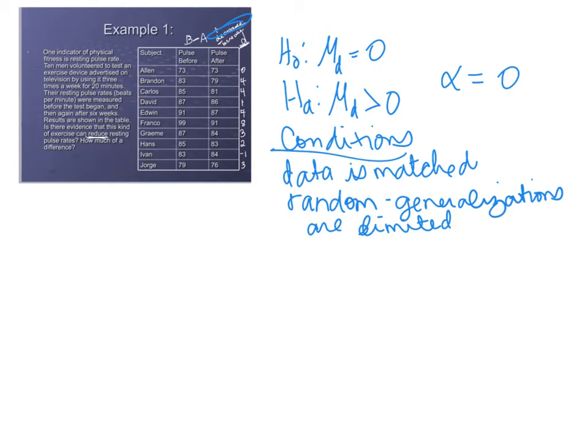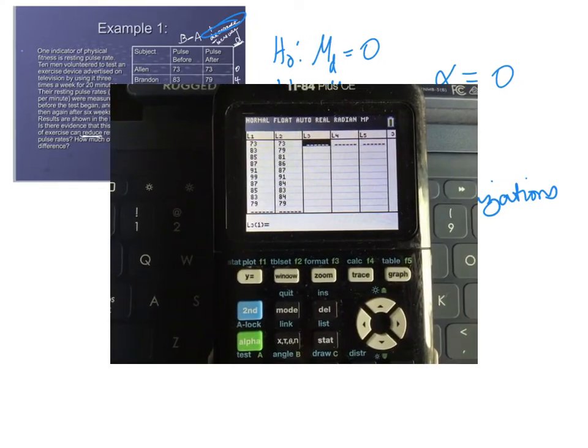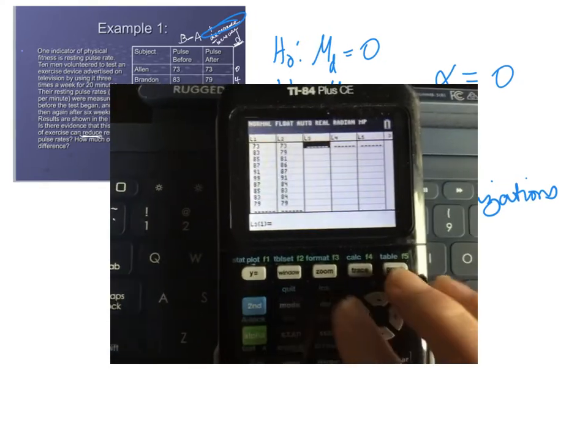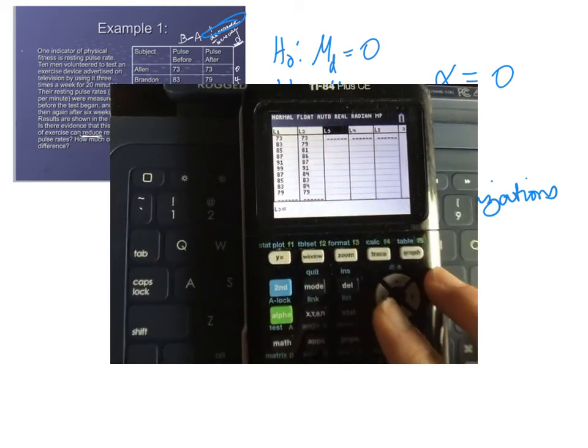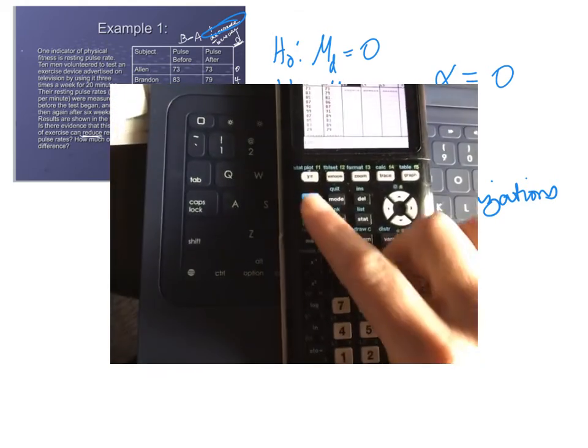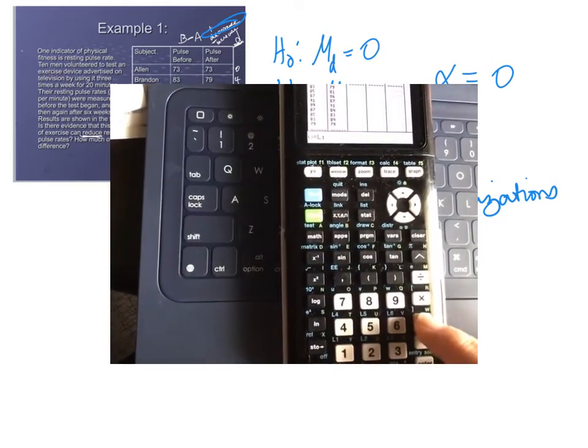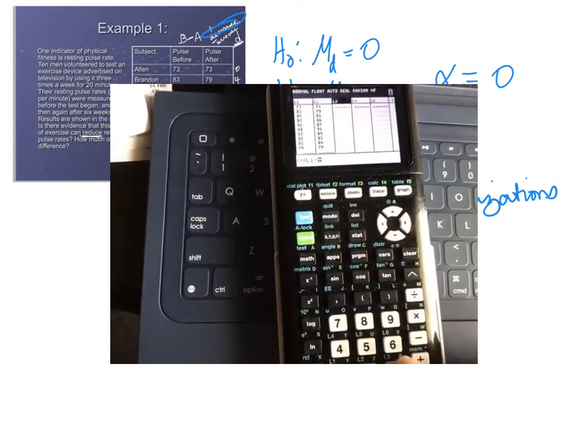And then we're going to look at our data. So let's get the calculator out here. Okay, so I have my data in list 1 and list 2, and then in list 3, instead of subtracting it by hand, I can do second list 1 minus second list 2.